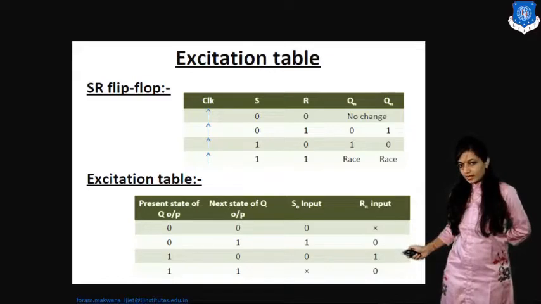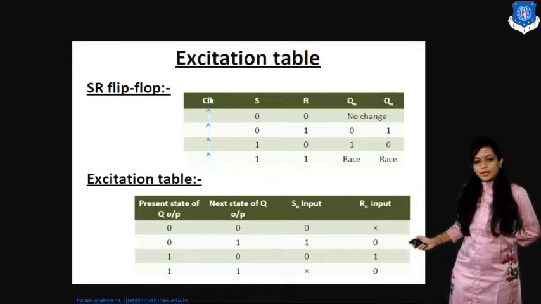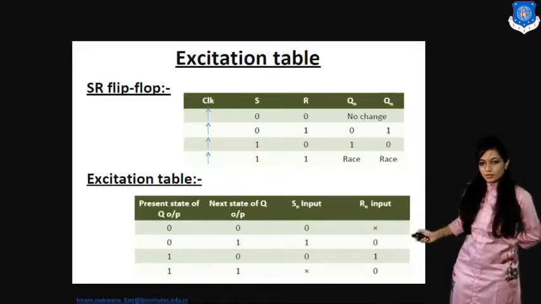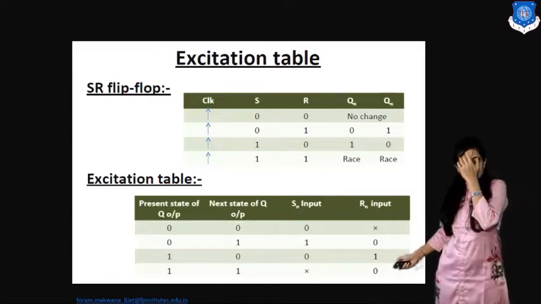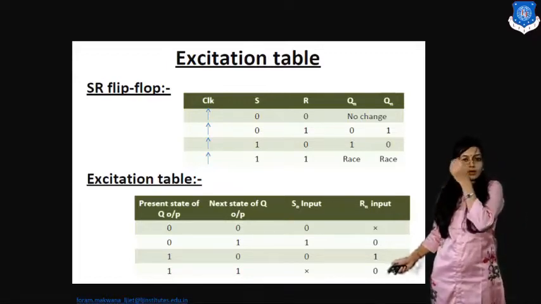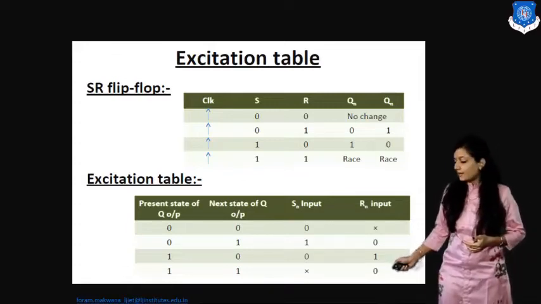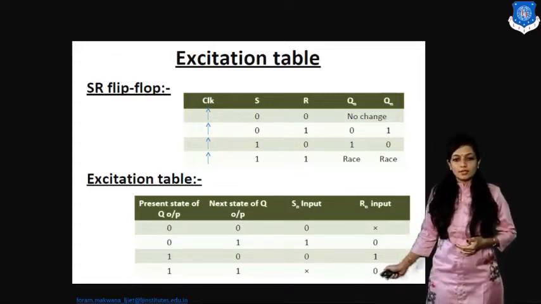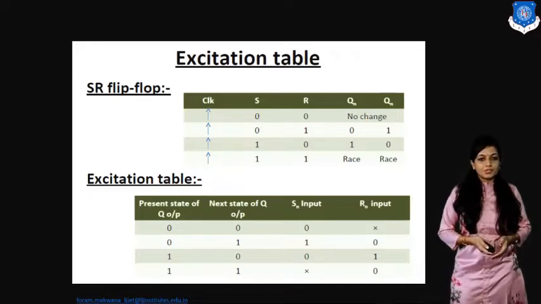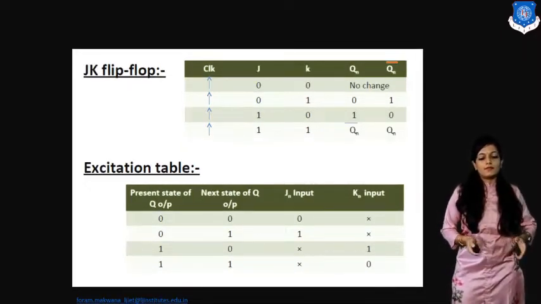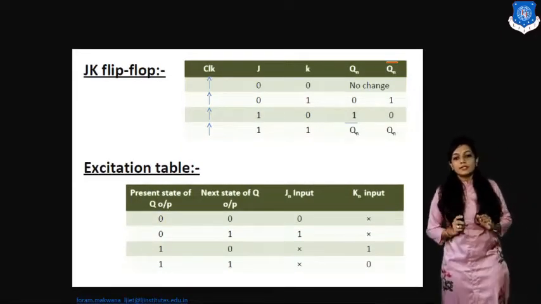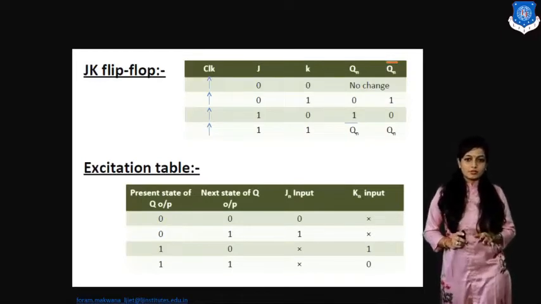Similarly, S is equal to 0, R is equal to 1 for reset, and cross represents a don't care state. It can be a 0 or 1. This is the excitation table of SR that we have already discussed in the last session.